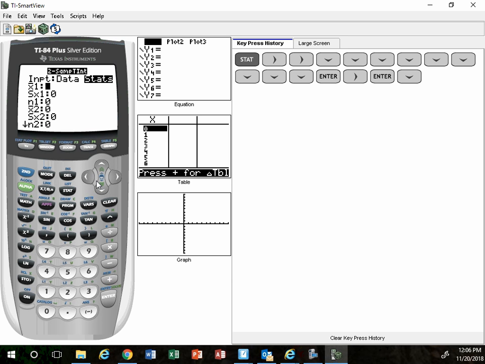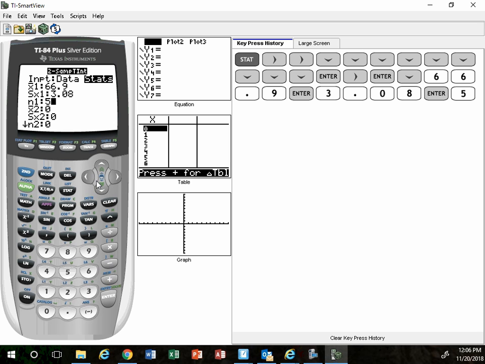Okay, so my x bar for the first group, what do you think I'm going to put in? Yep, 66.9. What about S for the first group? 3.08, right? Sample size for the first group? 55. All right, that was all the stuff about the boys.